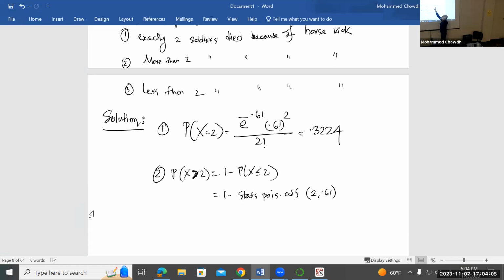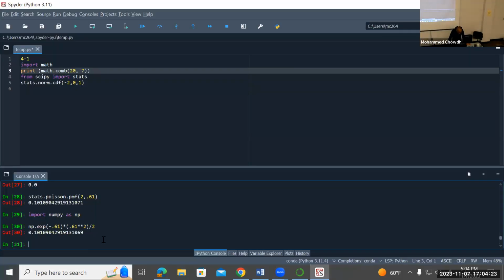So that is why the probability was 0.3224. But when you put the negative sign, then the probability is actually 0.10. How can I find that? This is the formula. Write this formula, please. See, this is the formula.